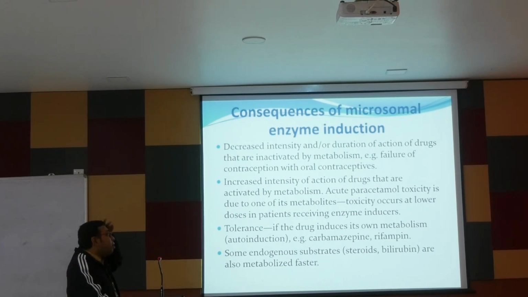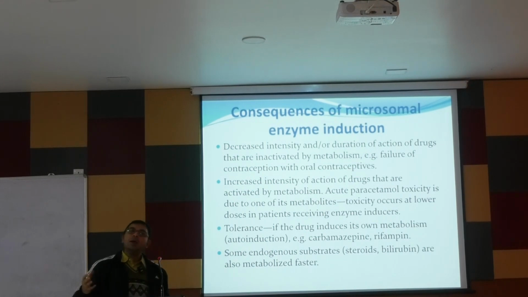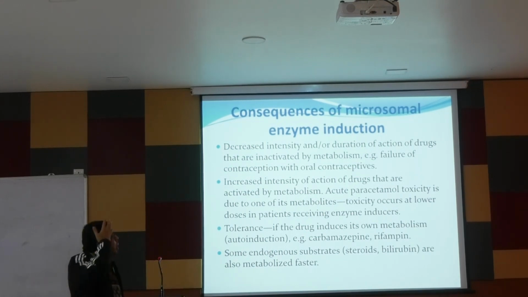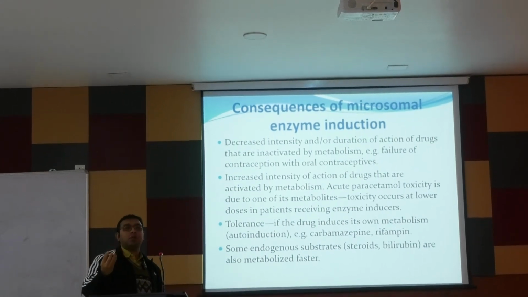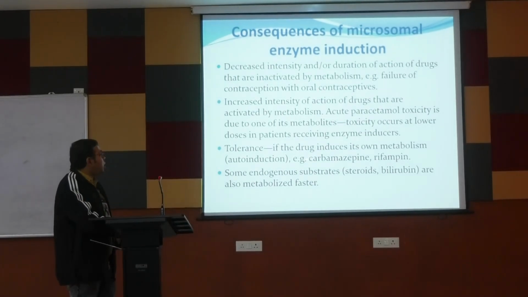Increased intensity of action of drugs that are activated by metabolism, like acute paracetamol toxicity due to one of its metabolites. Toxicity occurs at low doses in patients receiving an enzyme inducer. Again, paracetamol toxicity can happen if there is more metabolism due to enzyme induction, because the paracetamol metabolite itself is very toxic. So if more toxic metabolite is formed, there may be more toxicity.